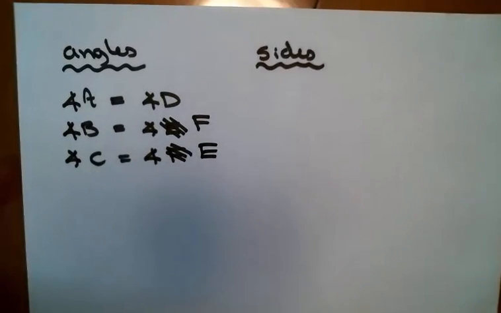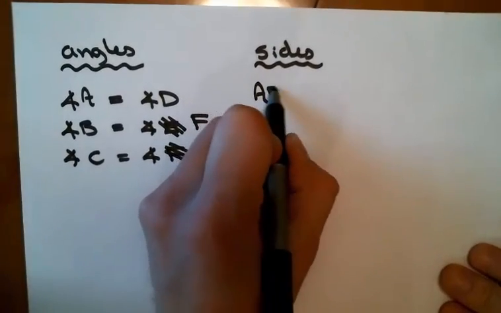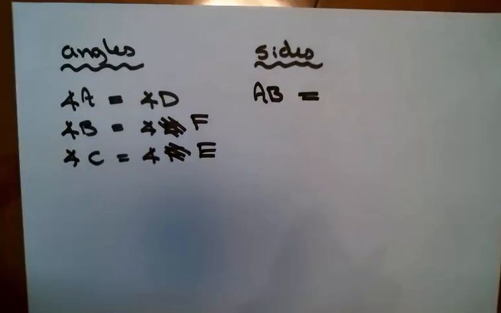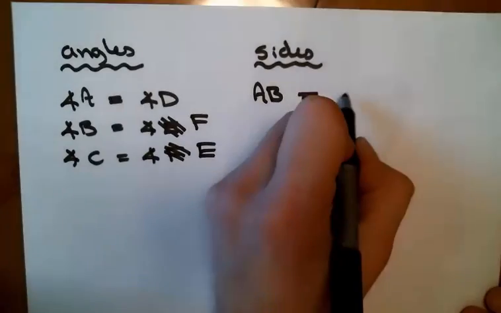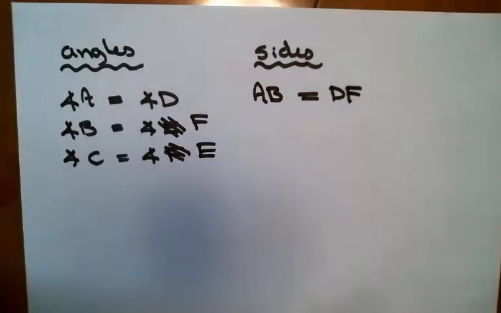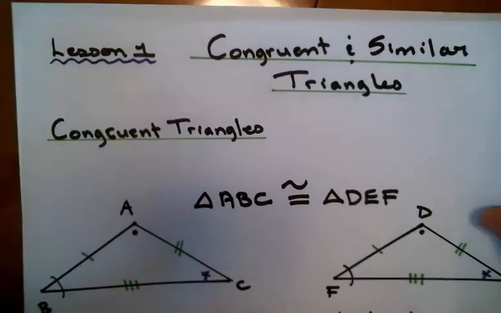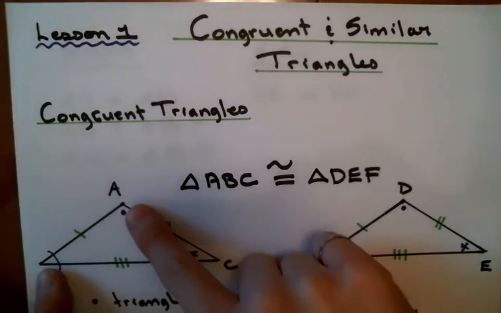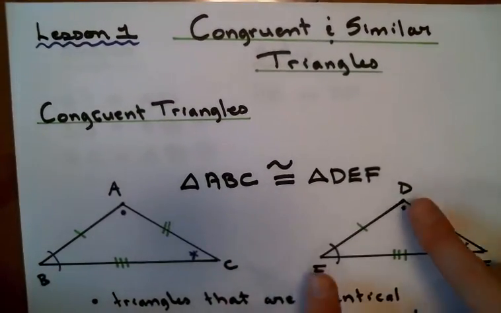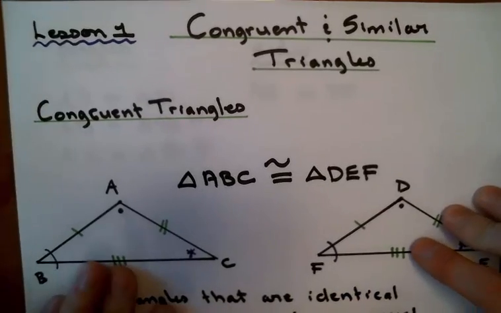Okay, so let's get this right. The sides now, sides AB, so we write it like that, is equal to side, which one, guys? How about DF? Right? Check the diagram again. Side AB equals side DF. So you got to correspond it correctly.